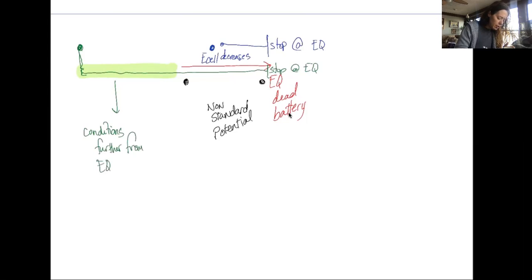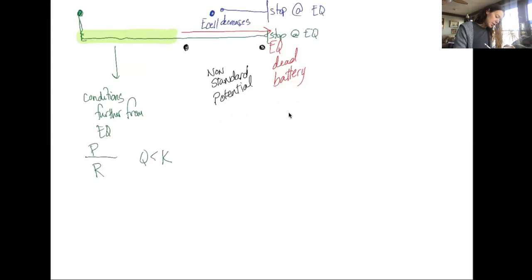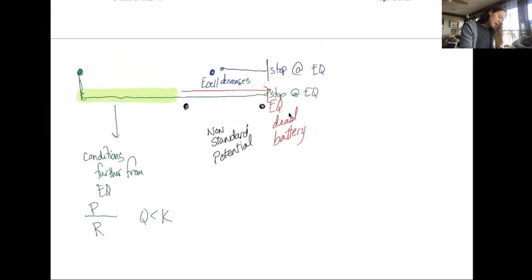We're going to see that in that case, we would have lots of reactants and a little bit of products. So Q would be less than K. Simple as that, right? And we're going to see, all right, if we are closer to equilibrium, we're going to have conditions that have placed us closer to equilibrium.